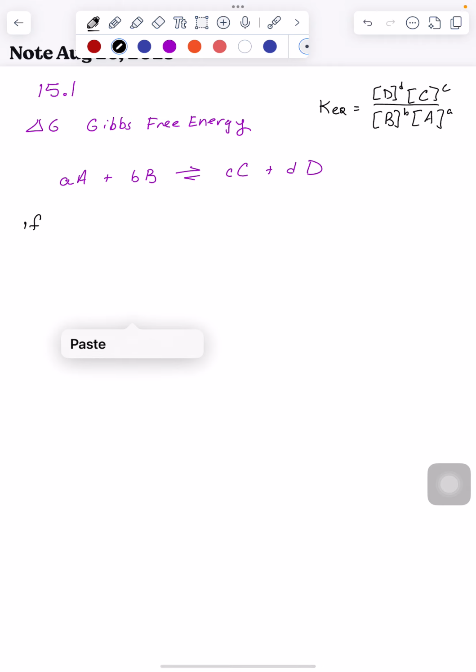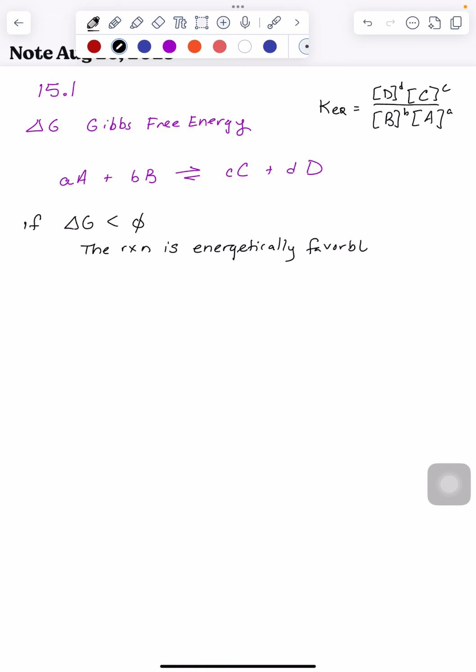Okay, so the value of delta G is a statement about the energy difference between the left and right sides of these equations. If it's less than 0, that means it's a negative number. We say that the reaction or process is energetically favorable, or downhill.